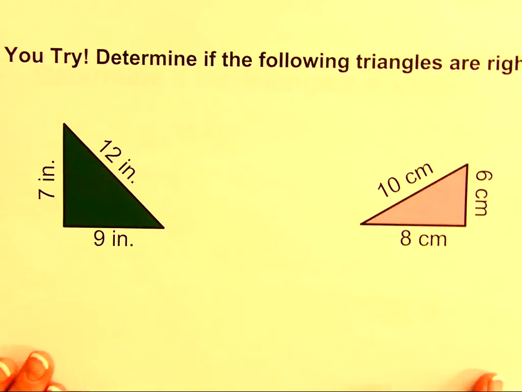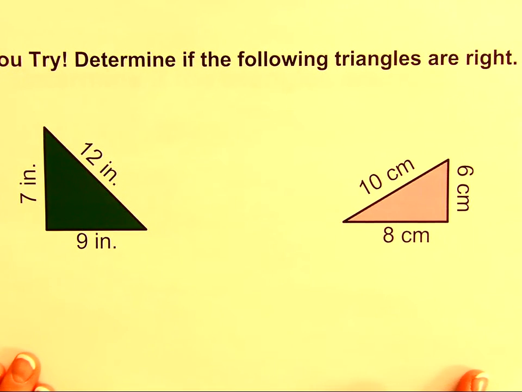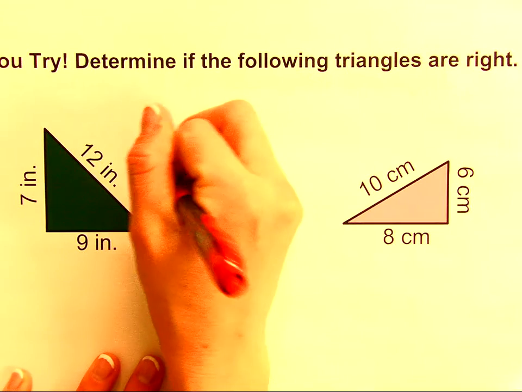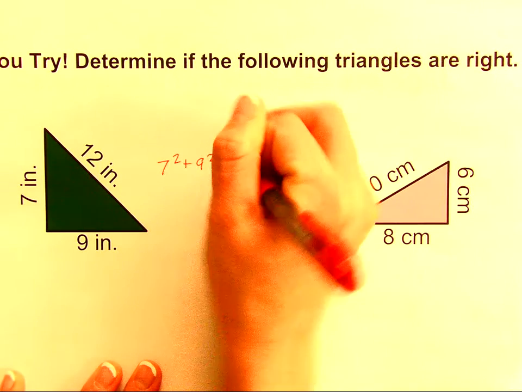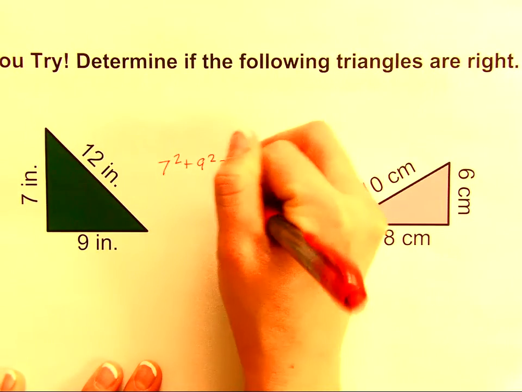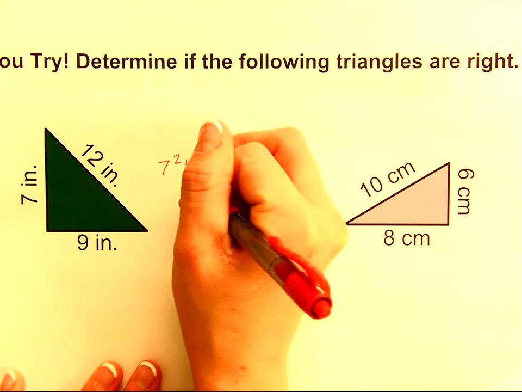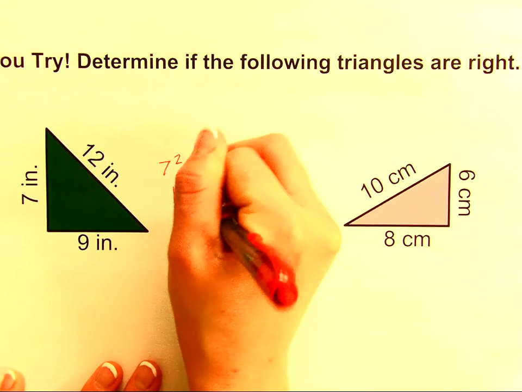I'm going to do two more. Pause the video. Are these triangles right? Right, so 7 squared plus 9 squared is equal to 12 squared. I know 12 squared is 144, and I've already done this one on my calculator, and it's 130.